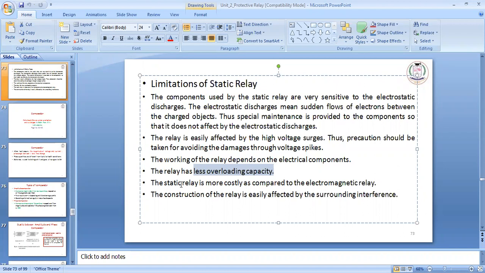The technology itself will cost more. That is why the static relay is costlier compared to the electromagnetic relay. And there is a possibility that surrounding interference may disturb the operation of the relay.